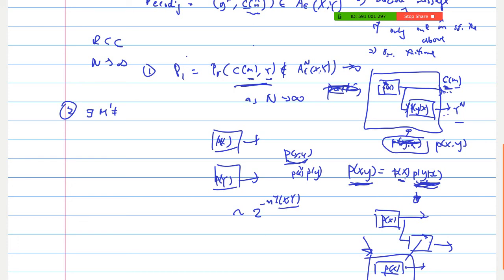You can have the joint distribution be independent to start with. Then even though they are jointly typical, it doesn't mean they are correlated. So it depends on what the joint distribution is to start with. In this example, even if these are independent, they are still jointly typical but not correlated.